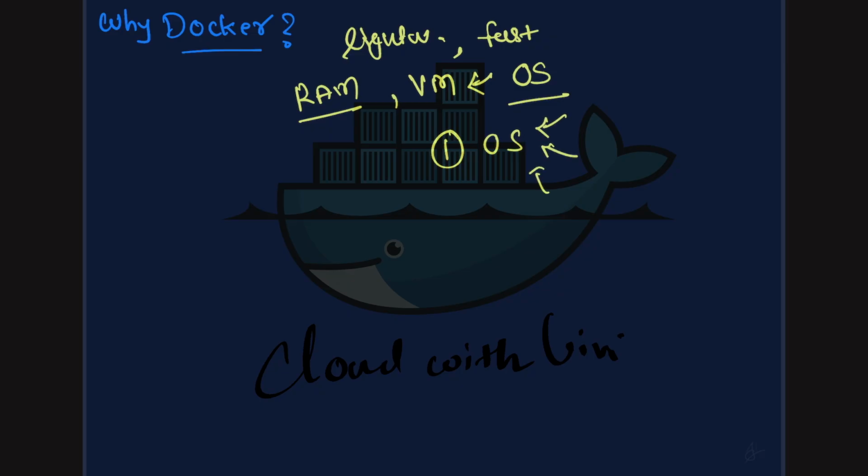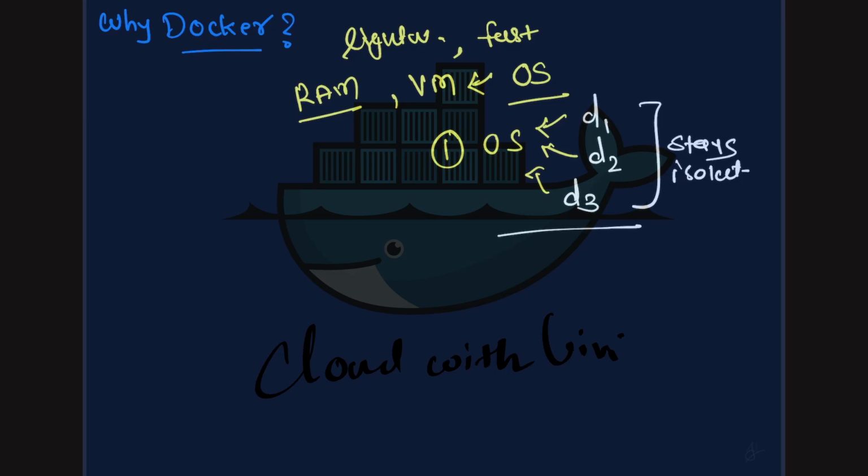On a single OS you can run multiple Docker containers, D1, D2, D3, which helps to consume fewer resources, and you can have multiple applications that stay isolated.